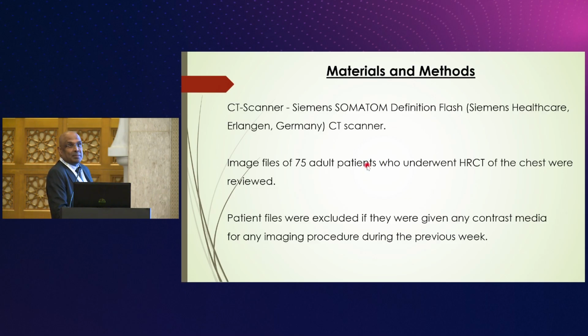So we looked at about 75 patient image files of patients who underwent high-resolution chest CT. We had an exclusion criterion. If the patient had contrast media based imaging in the previous week, we excluded those because they changed the way in which your X-rays are attenuated, so we don't get the correct values.